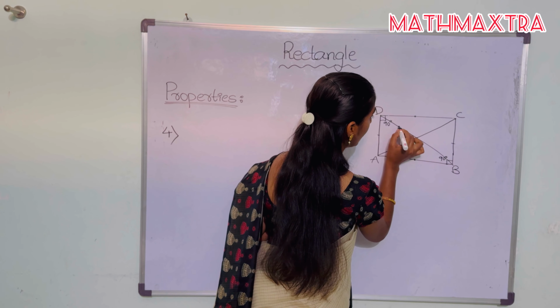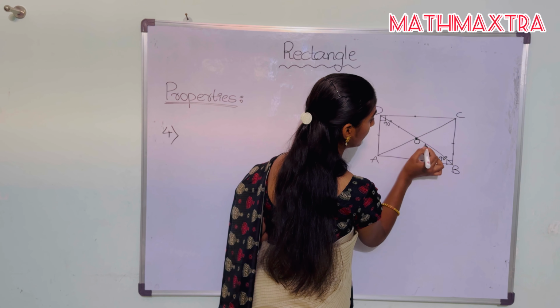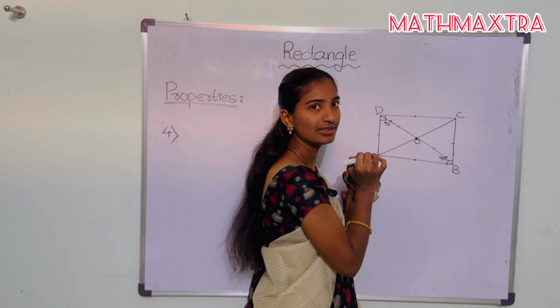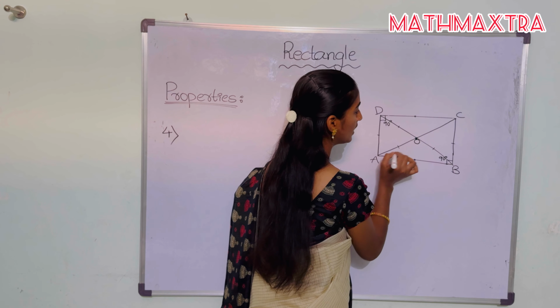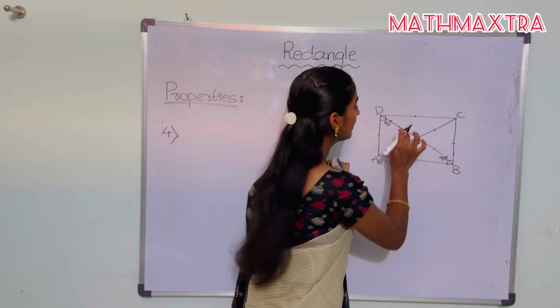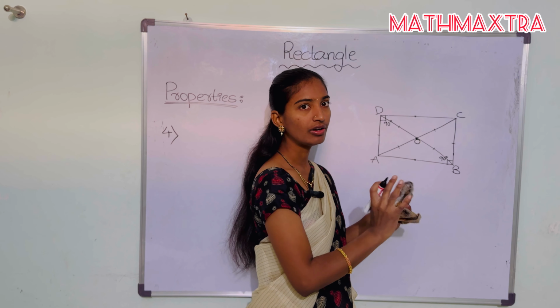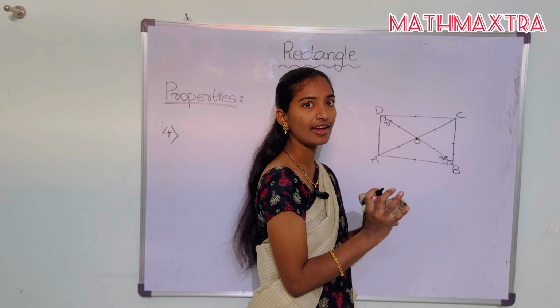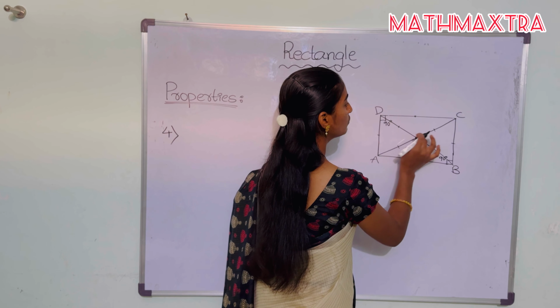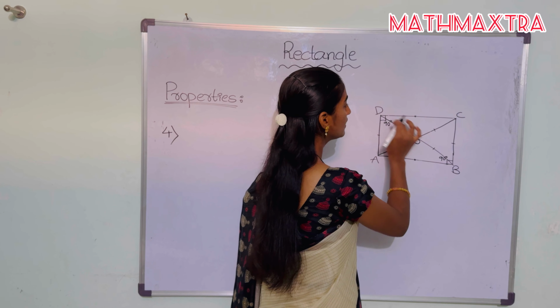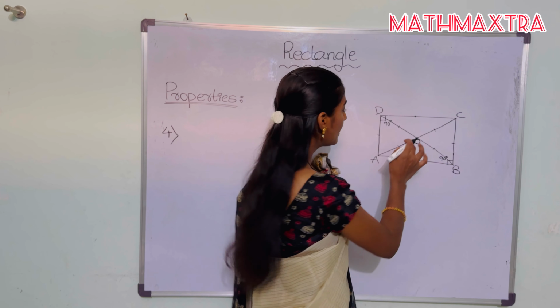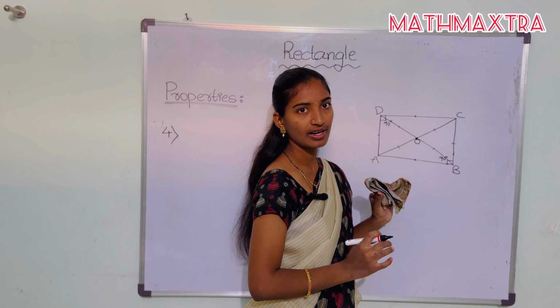You check, as this part of the diagonal is equal to this part, isn't it? And this part of the diagonal is equal to this part, and these two are equal as the diagonals of the rectangle are equal. So what can we say from this? This is an isosceles triangle as well as this is also an isosceles triangle.